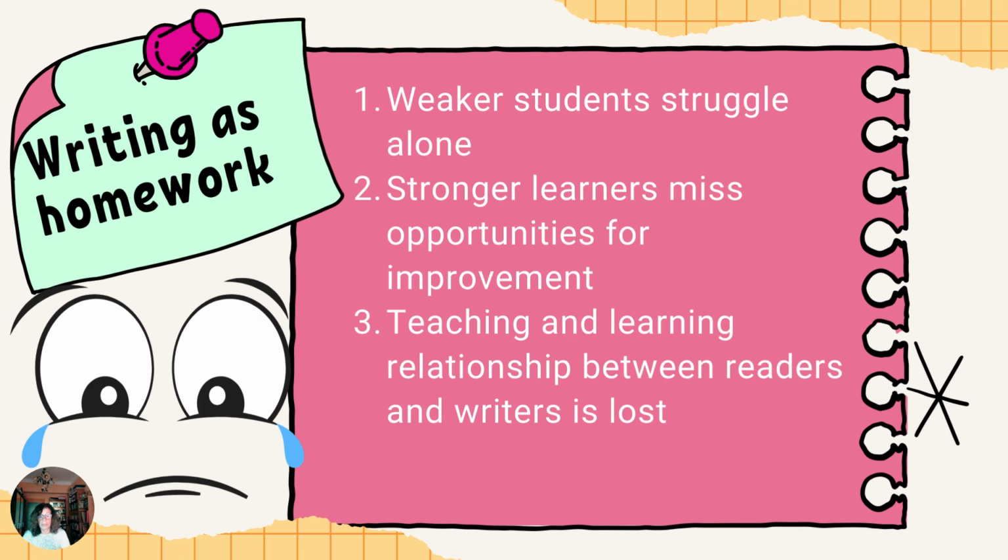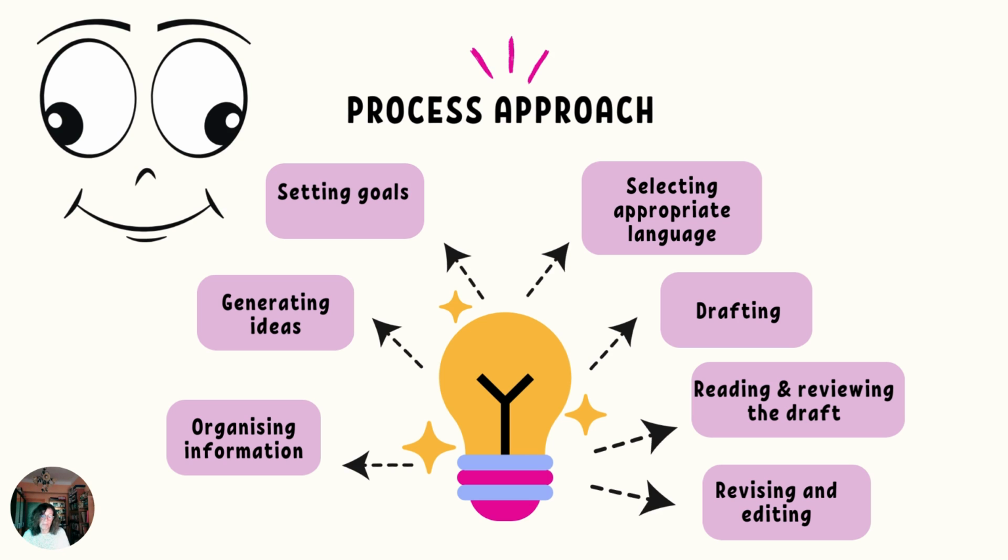My favorite method is the process approach, which is not new, but sometimes we need to remember this. The process view of writing sees writing as a journey of discovery. It involves a variety of classroom activities that promote language development, including setting goals, generating ideas, organizing information, selecting appropriate language, drafting, reading and reviewing this draft, and revising and editing.